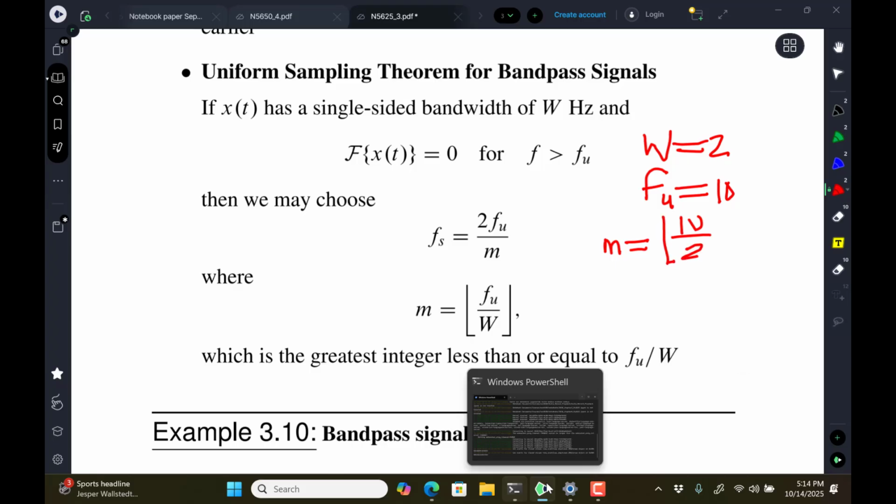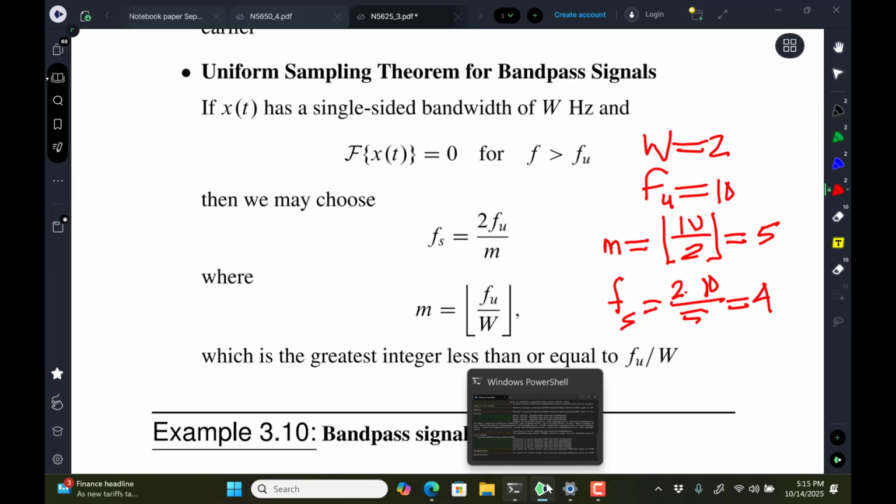The greatest integer less than or equal to 10 over 2 is 5, right? 10 over 2 is 5, and that's the greatest integer, so that's 5. So that says I should be able to get away with Fs equaling 2 times 10 over 5. My writing's not that bad. My tablet's working poorly. That's why that 5 looks very distorted, but 4 should work.